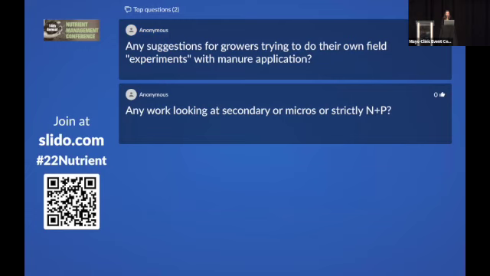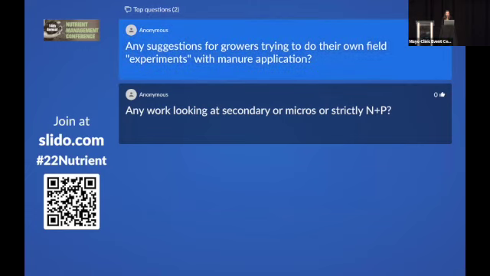Any suggestions for growers trying to do their own field experiments with manure application? Yeah, definitely. I think one of the big things is, if you choose a couple different rates that you want to apply, to randomly choose different strips across your field. Try to do at least 3 different strips of each of the treatments that you want to do.